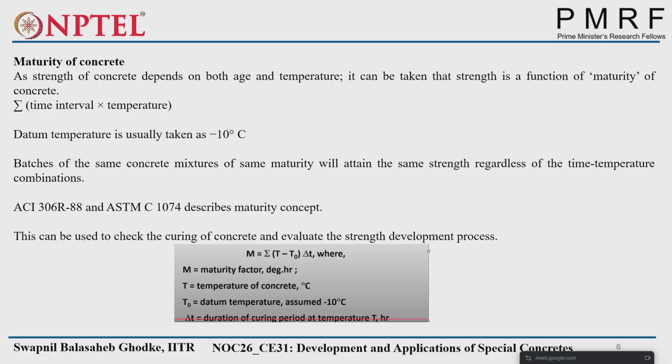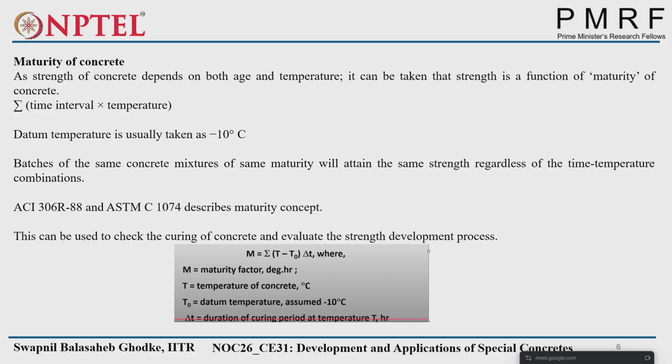Have you understood the formula, right? Delta T is what we call the duration of the curing period, that is given as 24 days. Convert it into hours. So 24 days into how many hours?